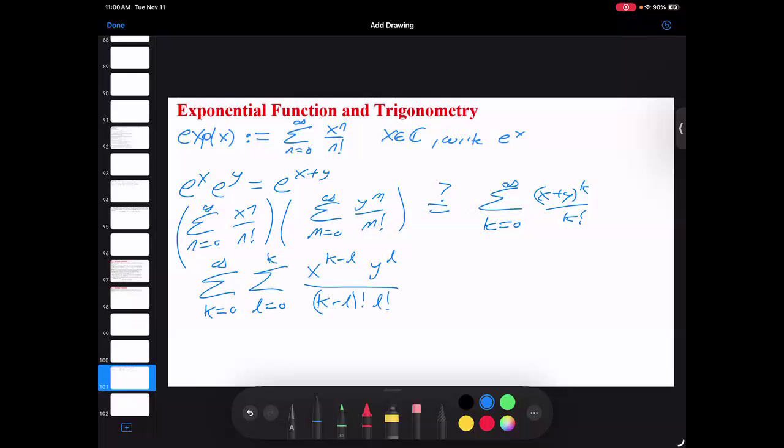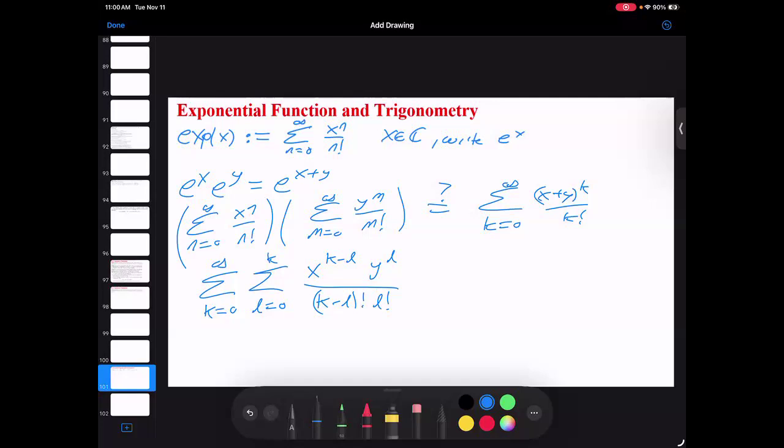Again, I'm not going to justify it, but everything converges so quickly because of the factorials, I can do whatever I want. I can rearrange the terms, I can make this rigorous. What I'm just saying is, when I multiply things together, I have some powers of x and some powers of y. So they have to sum to some number. Let's put all of the x's and y's that sum to 0 together. All the x's and y's whose powers sum to 1 together. All the x's and y's whose powers sum to 2 together. And that's what k going from 0 to infinity means.